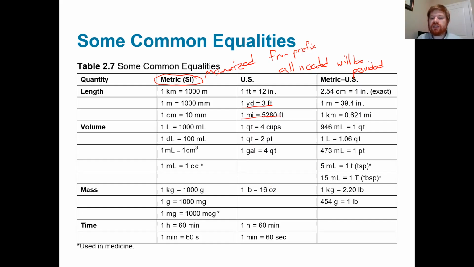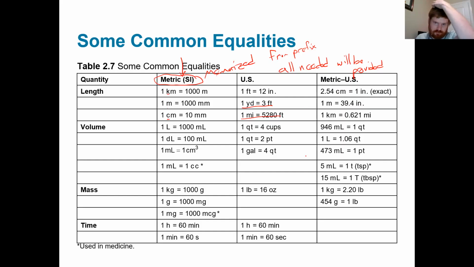But ultimately, I find that these conversion factors will be provided to you when you need them, because otherwise you don't know which ones to memorize, and it can get a little messy. But again, the metric units, this prefix stuff, you need to know all those prefixes, because I'm not going to give those to you on the test.